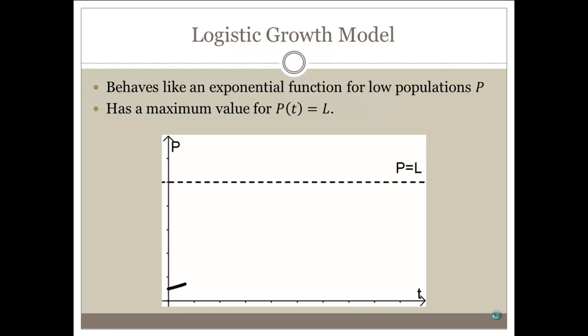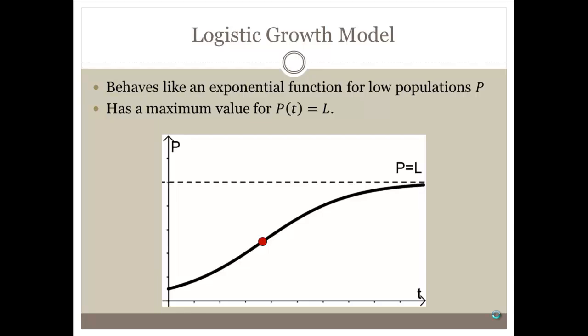Now, as we draw our graph for P, we want it to start out like an exponential function, but we know it can't grow like this forever. So eventually we reach a point where the growth has to slow down. And after this point, our function can't grow infinitely big because it has to stay below the line P equals L. So as time goes on, our population gets very close to our carrying capacity L, but it never goes above it.